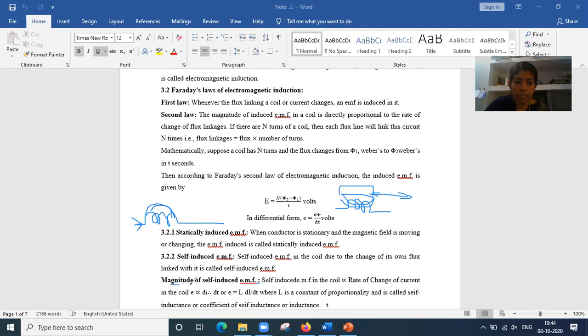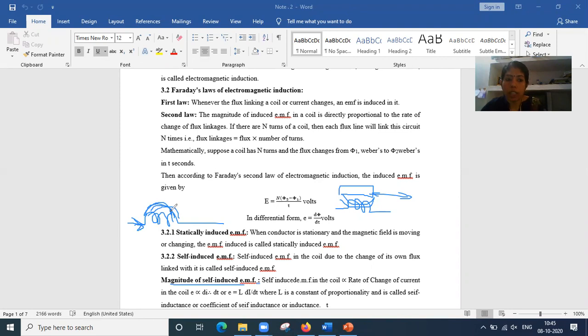Then the magnitude of the self-induced EMF in the coil is proportional to the rate of change of current in that coil. A coil can produce self-induced EMF only when the current flowing through it changes. That is, only if we give an alternating or varying current will the magnetic field produced vary. So when a varying current is flowing through a coil, it will produce an alternating magnetic field in it, and that alternating magnetic field will produce an EMF in the coil.